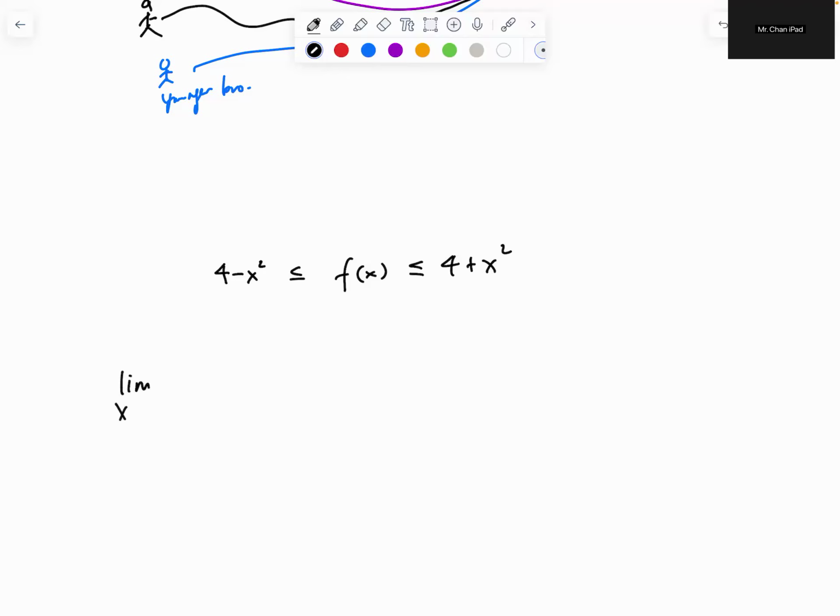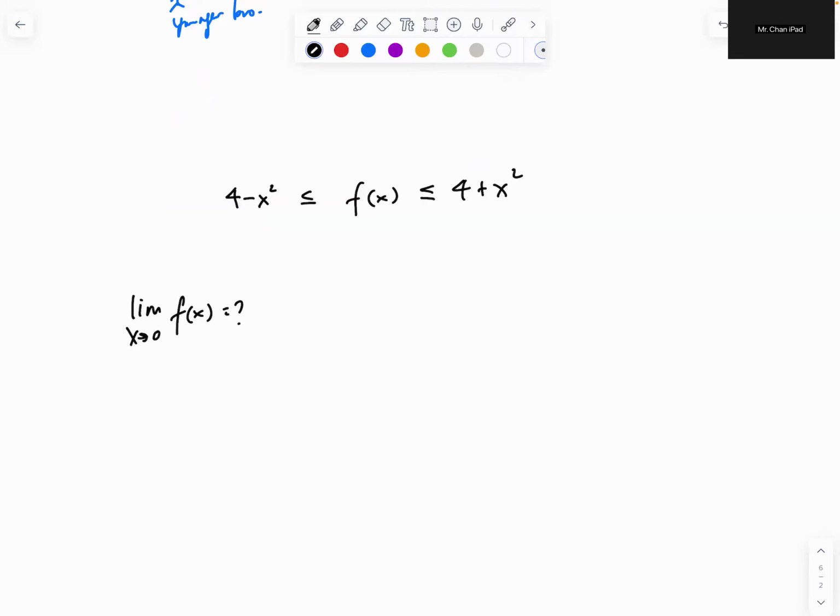If you understood what the analogy is all about, where are we going? Well, x going to 0. So let's investigate the smallest function. Where would it go if x goes to 0? It's 4. How about the bigger function? Well, as x goes to 0 for 4 plus x squared, where would it be?